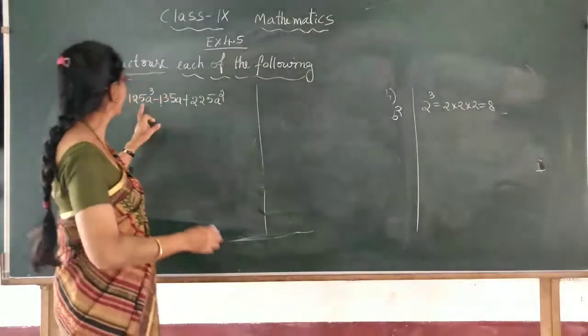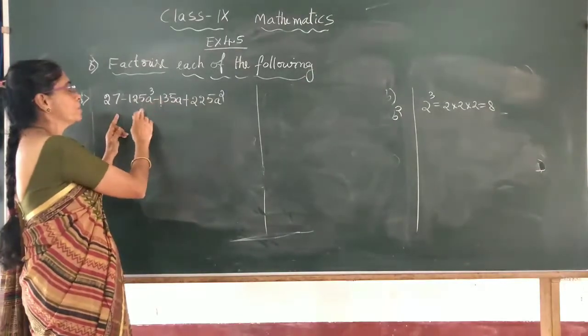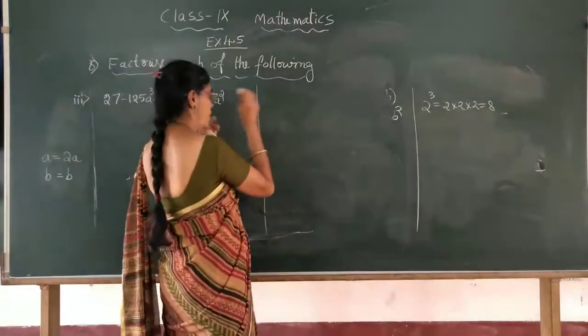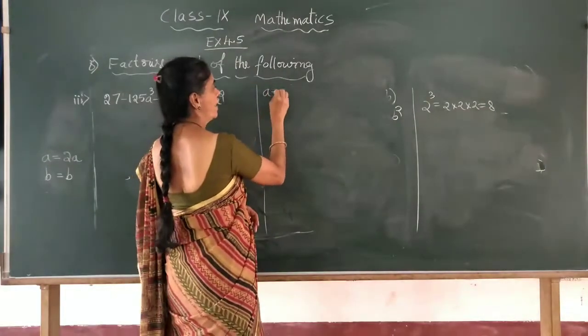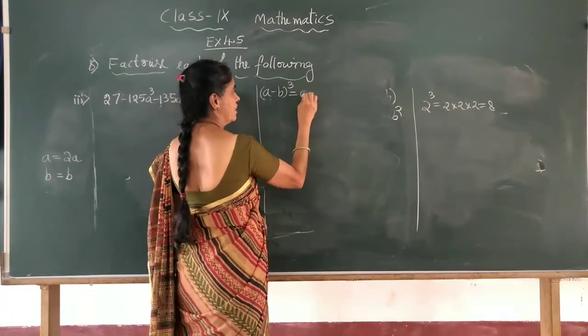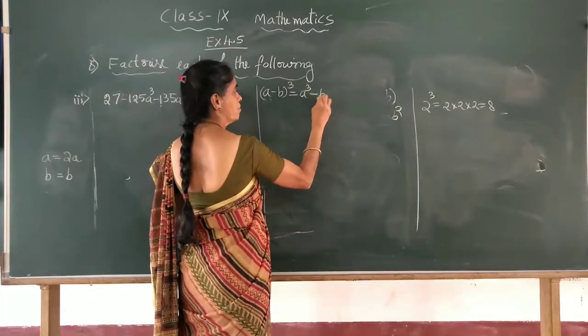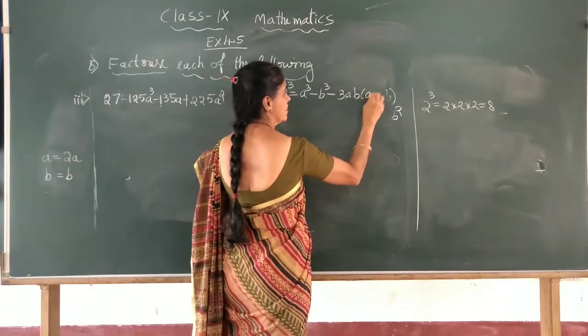Now minus sign is there here, can you see? Only in the last one the answer is plus, here minus will come. So which identity am I using now? The minus identity, that is (a minus b) whole cube. What is the identity? It is a cube minus b cube minus 3ab (a minus b).